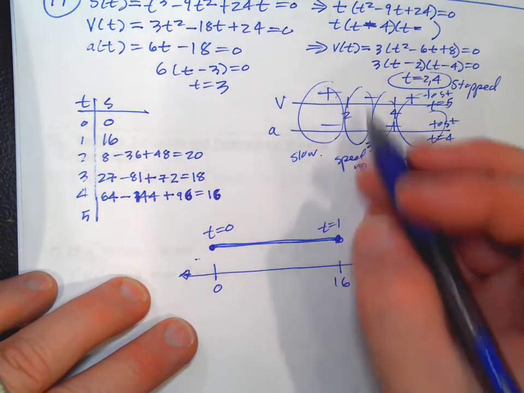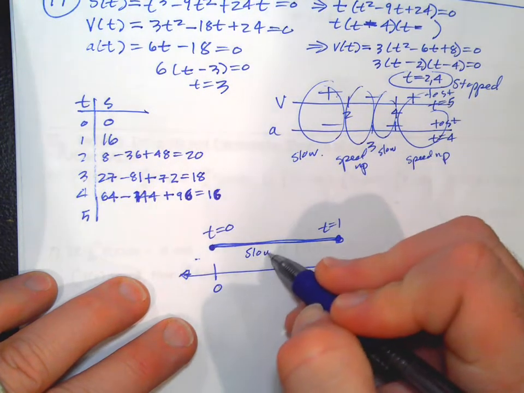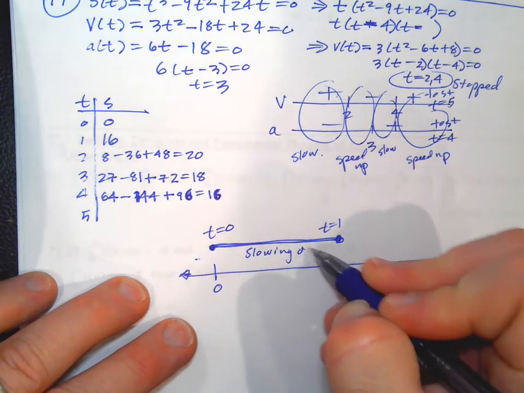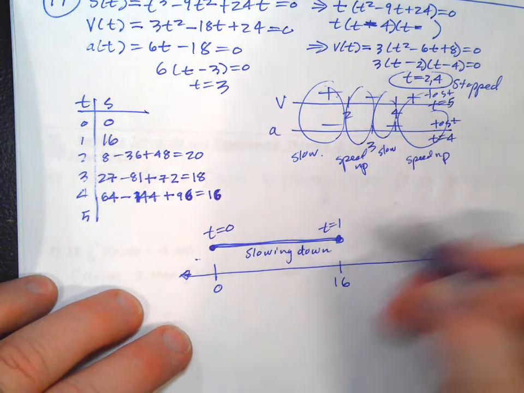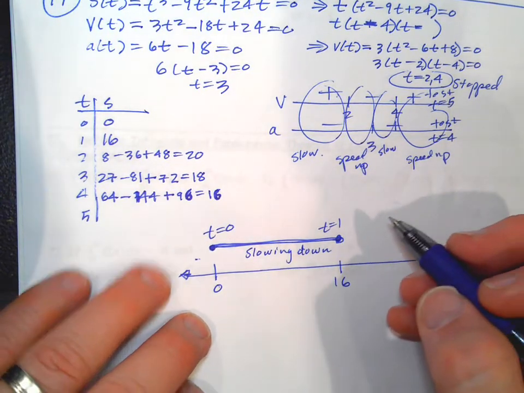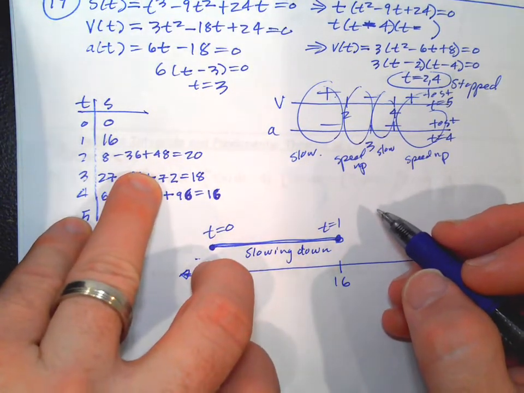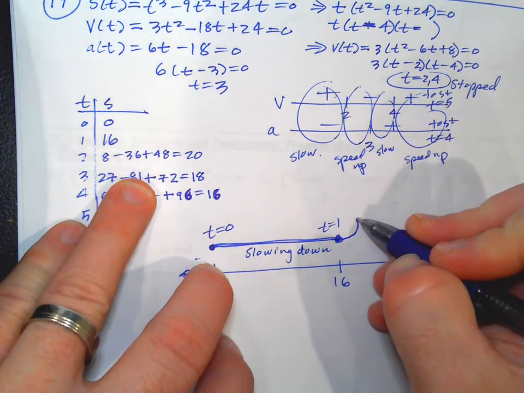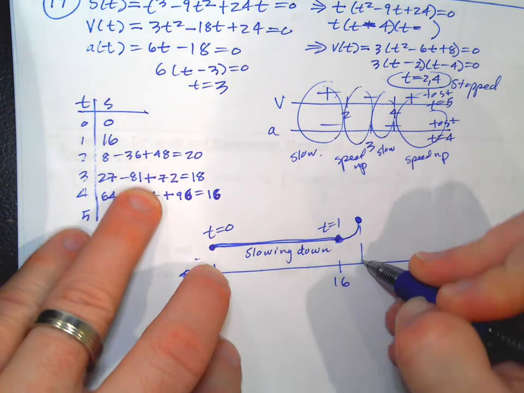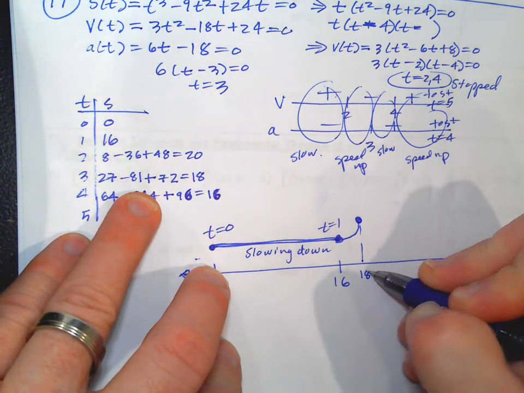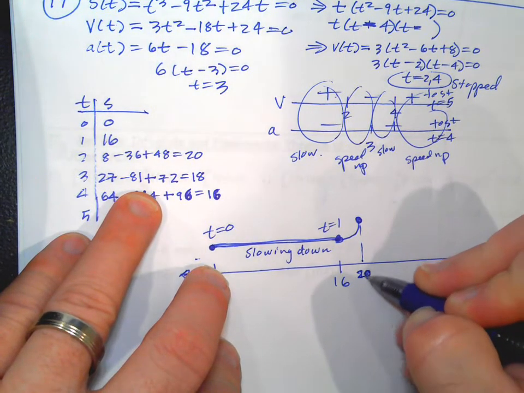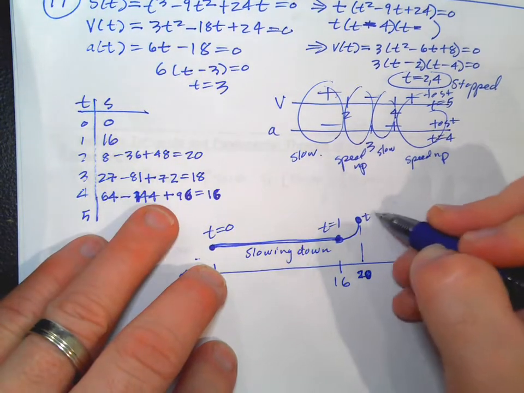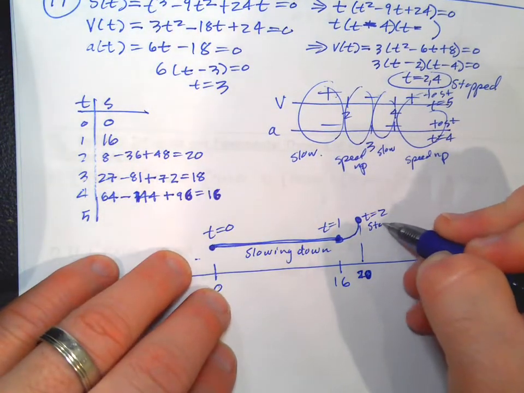And the whole time it's actually slowing down, slowing down to a stop at 2. So we'll put that here. At time equals 2, it's at 20 and it has stopped.